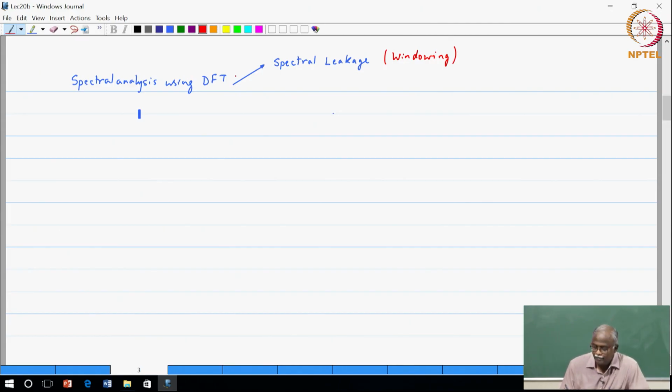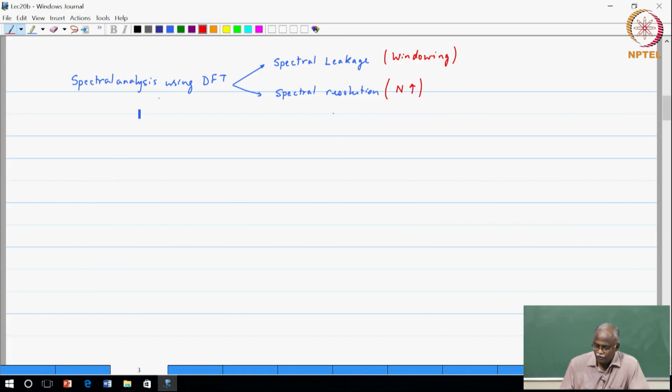The second element to keep in mind is that the length of the FFT determines your spectral resolution. So, that depends on the size of the DFT, and if you want to increase your spectral resolution, you should increase the size of your DFT.